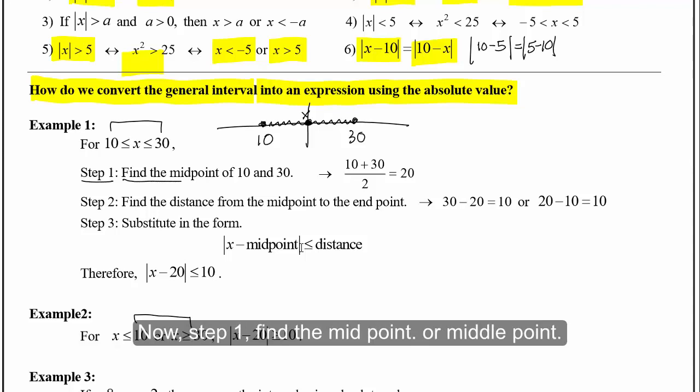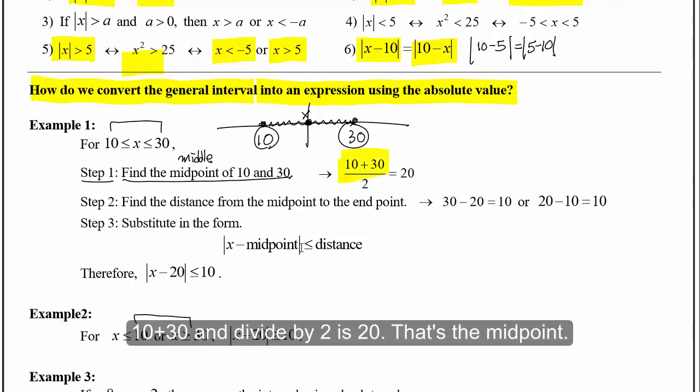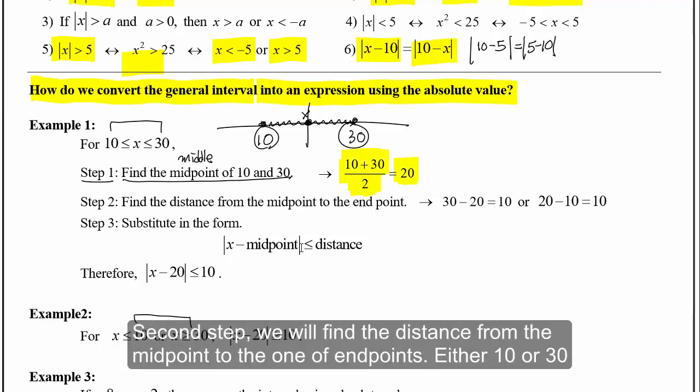Step 1, find the midpoint, or some say middle point. The midpoint is the average of 2 endpoints, right? So 10 plus 30 divided by 2 is 20.